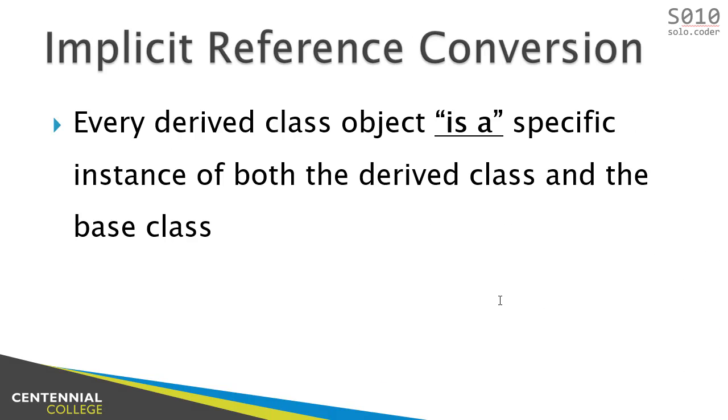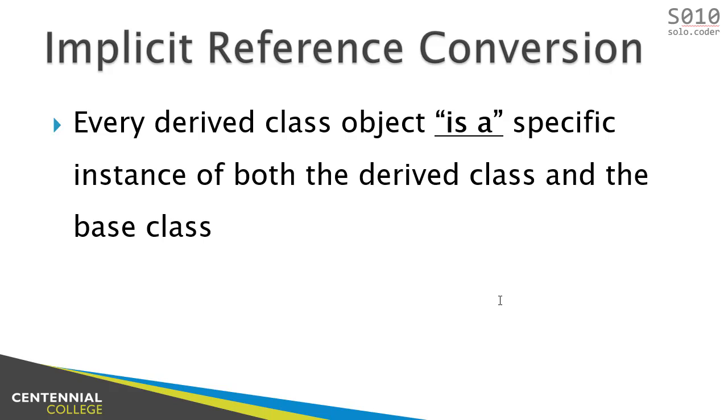Yeah, so I would like to continue now by talking about implicit reference conversion. Not complicated, but again, a big name for something a little bit minor, I would say. Implicit means that it's automatically doing something for us, okay?